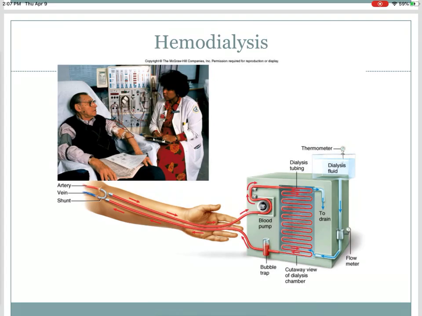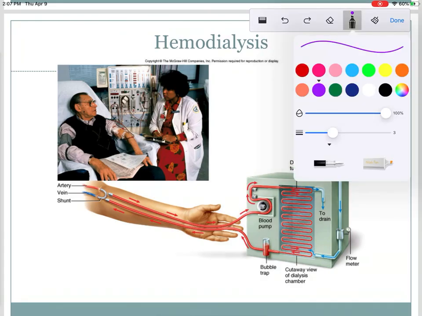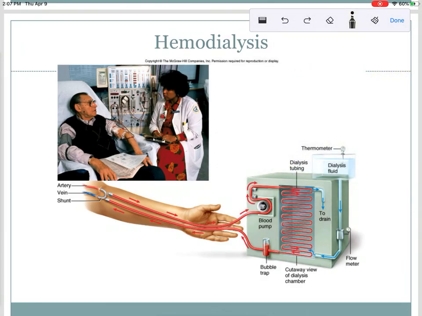If the kidneys aren't able to work as they should, then we have a problem because we need to be able to filter the blood and produce urine to get rid of a lot of that waste. So if someone has a chronic kidney disease or some sort of chronic condition, I suppose there's acute scenarios also, but anytime there's a more severe kidney issue and the kidney is not able to filter the blood on its own, that person will go to hemodialysis.